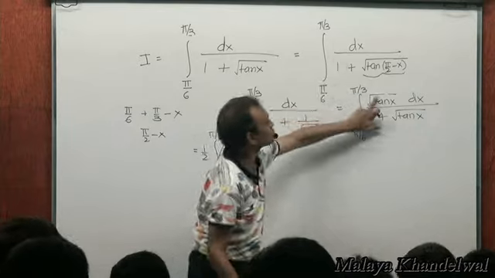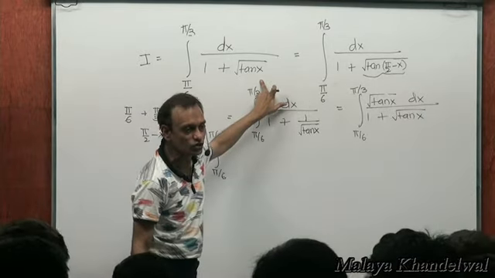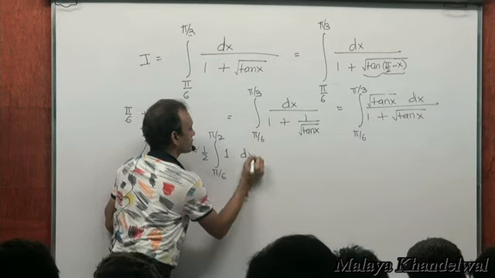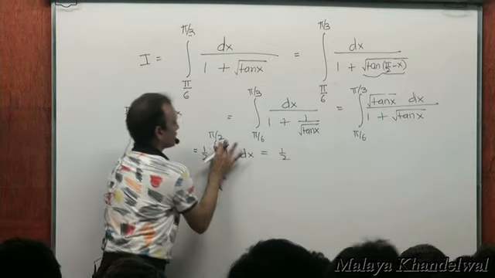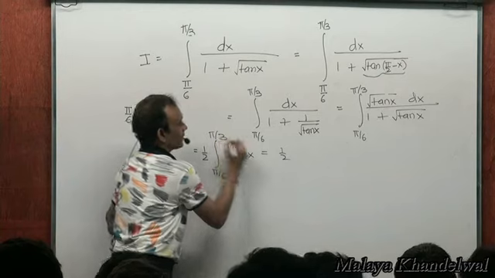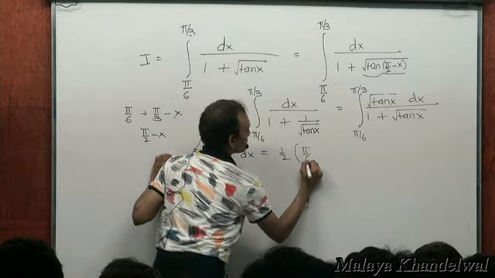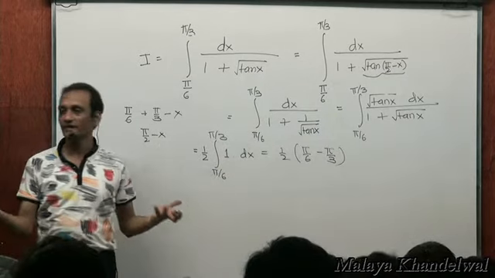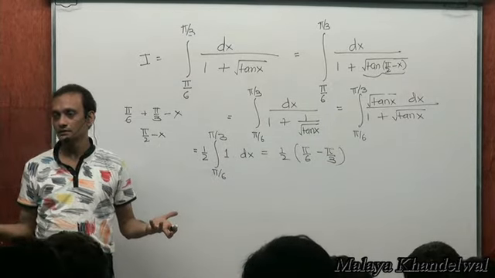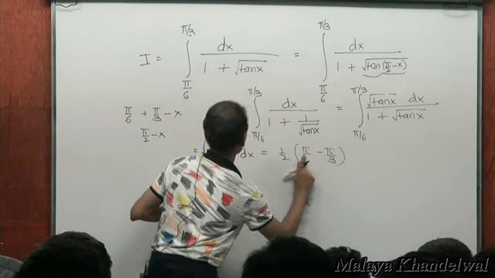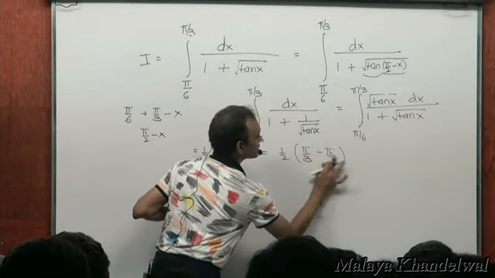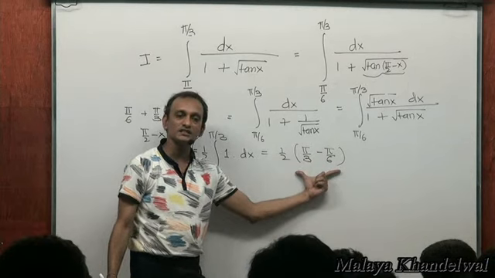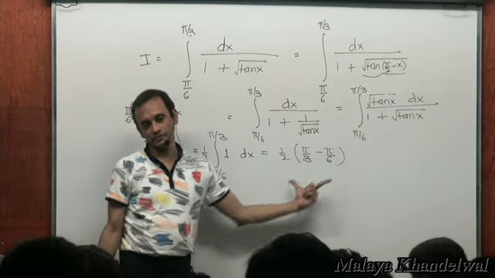It becomes 1 plus root tan x divided by 1 plus root tan x, that makes it 1 dx. So that's half of the integral, pi by 3 minus pi by 6. This is pi by 12. Right?